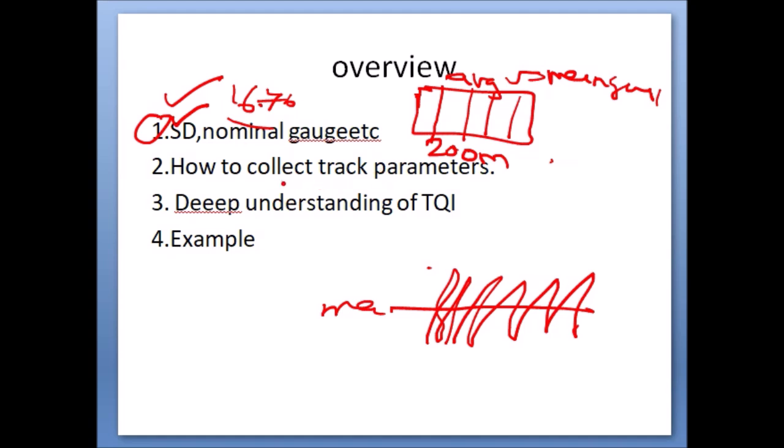Next, how to collect track parameters, which we saw in part 2. We saw what short chord and long chord are. For unevenness, 9 meters is the short chord, and we saw how to find unevenness using this chord length. We also saw how the TRC records the data.